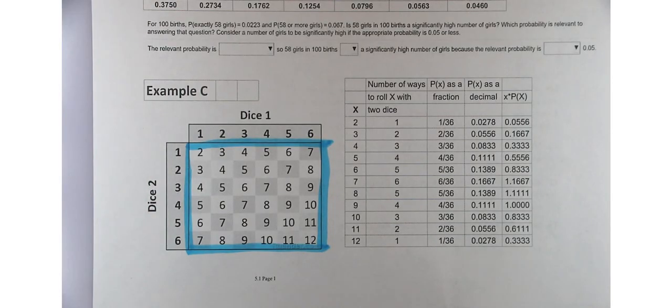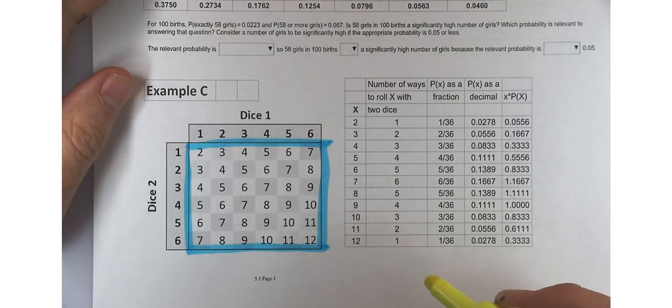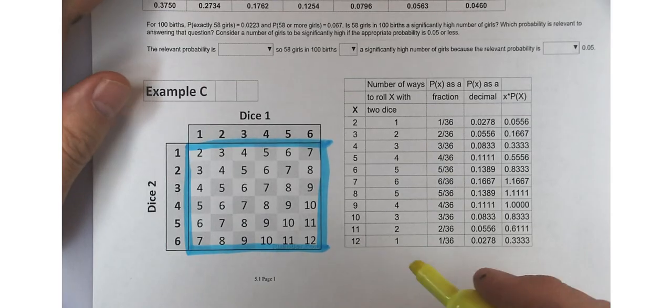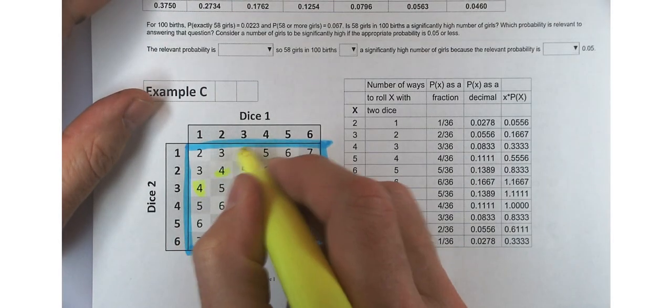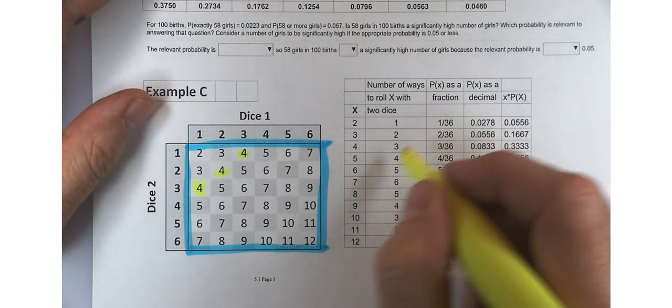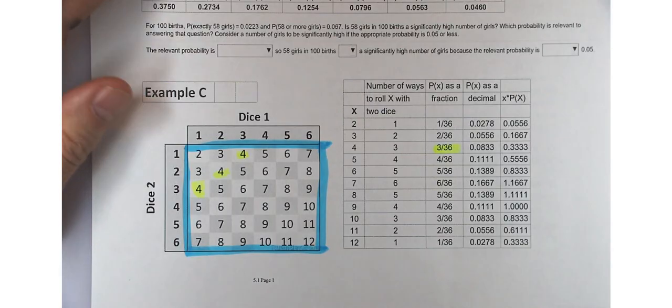How many ways are there that I can roll a 4? How many ways are there that I can get a number of 4 between the two dice? A total of 4 on those two dice. 3. 1, 2, 3. And if you look here, the probability of a 4 is 3 out of 36. Okay, that makes sense.